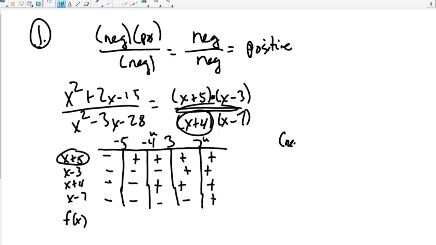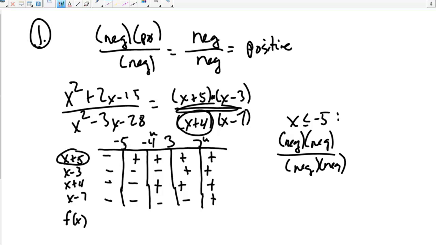So we'd have a negative for x less than or equal to negative 5. We'd have a negative times a negative over a negative times a negative, which turns out to be a positive over a positive, which turns out to be positive, which was the very same result we found before.